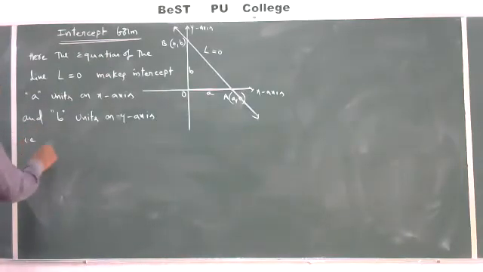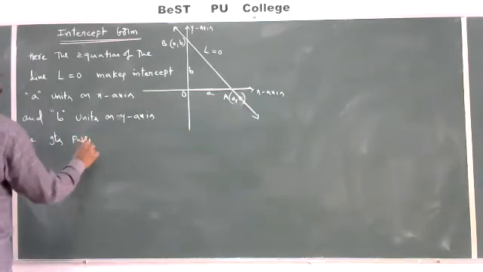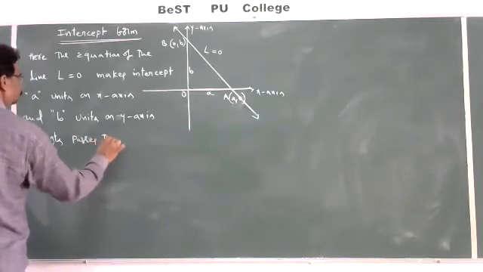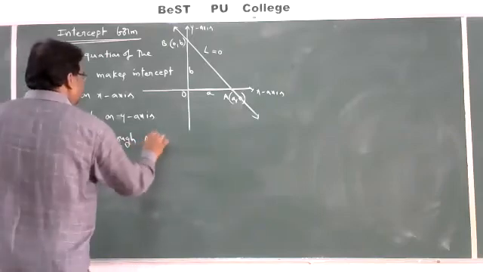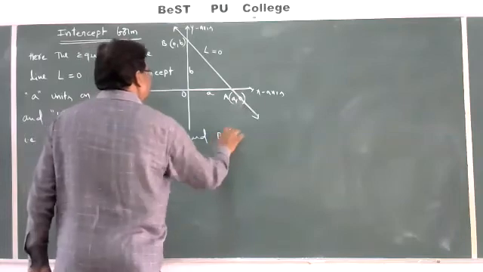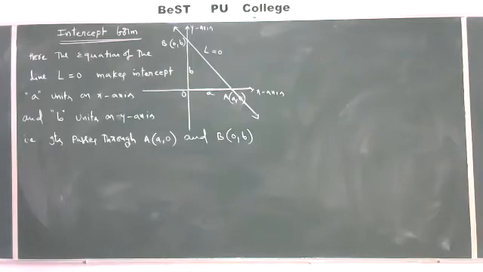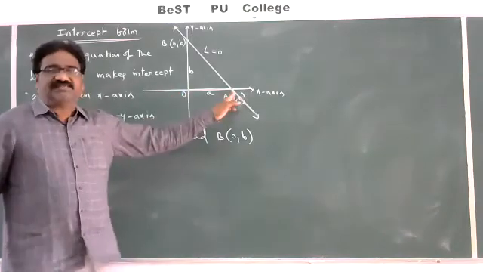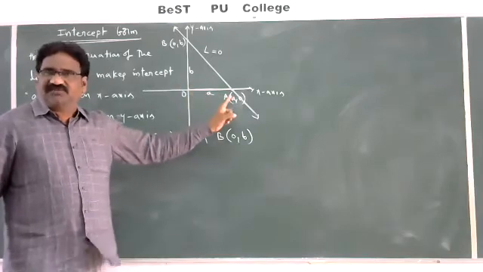That is, it passes through capital A comma 0 and capital B, 0 comma b. So making a units on x-axis means the line cuts the x-axis at a distance of a units from the origin.